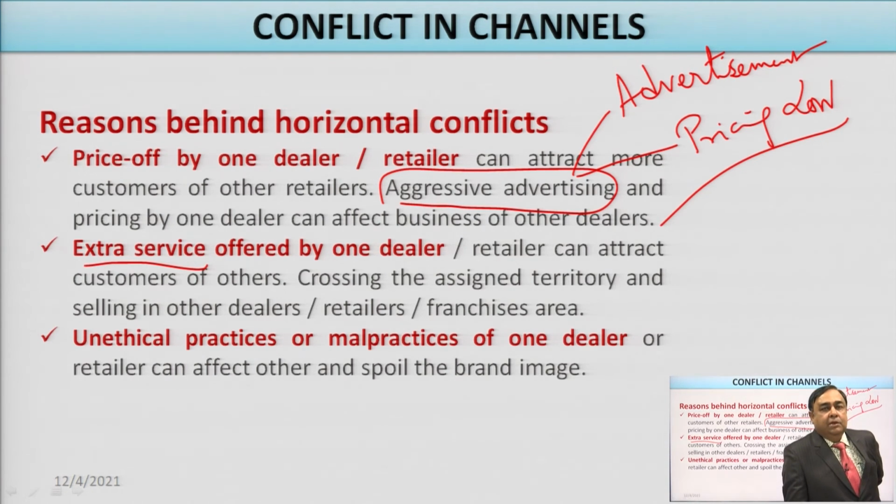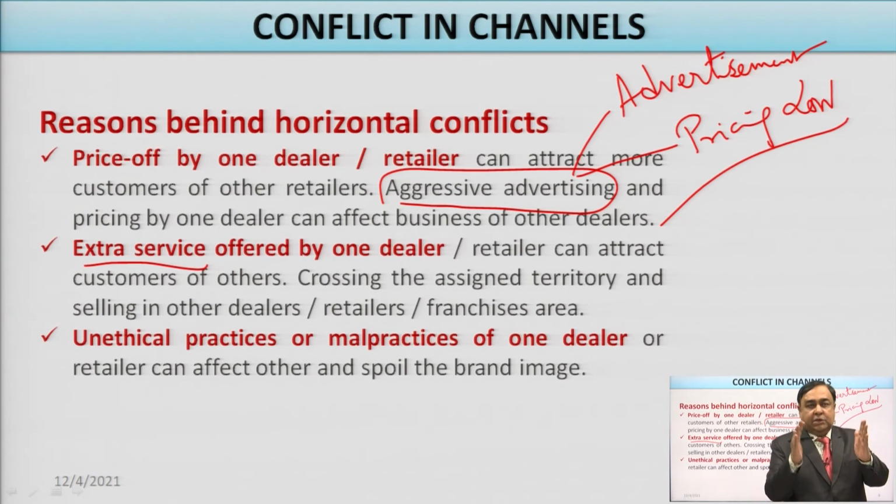Next is the unethical practice or malpractice of one dealer or retailer, which can affect the others and spoil the brand image. Say a dealer is using an unethical technique, a dealer is spoiling the reputation of the company. It always flows, the message percolates, the information flows.